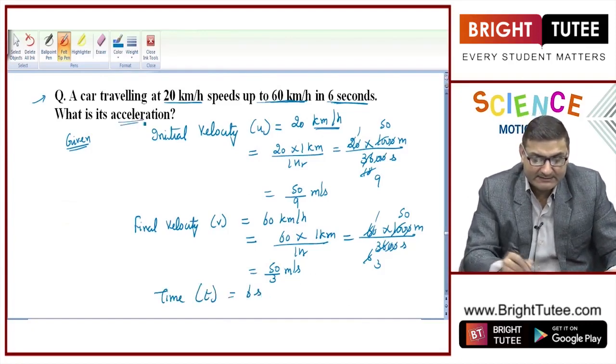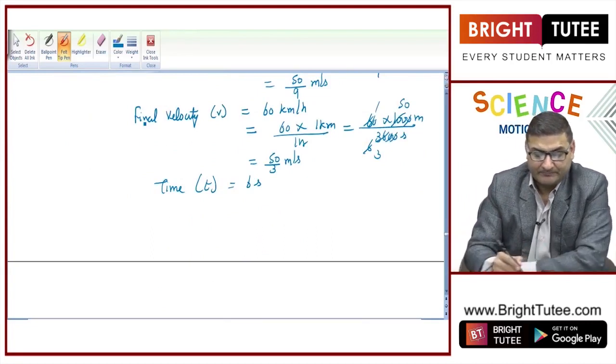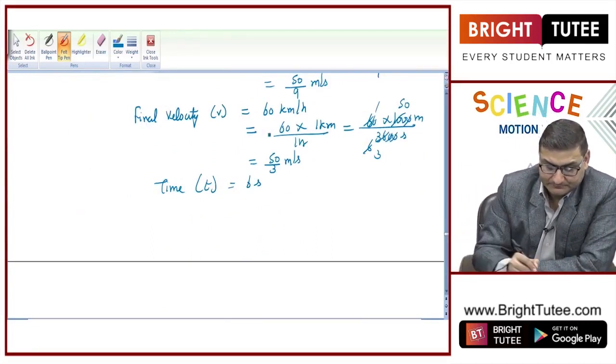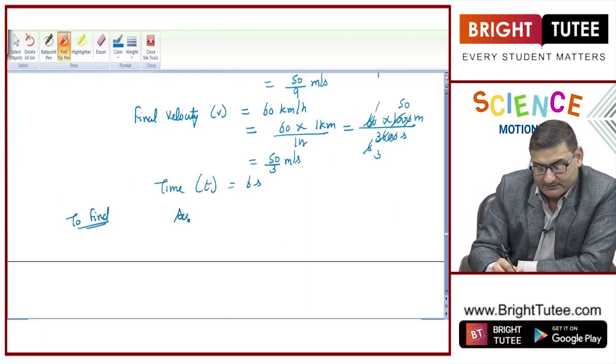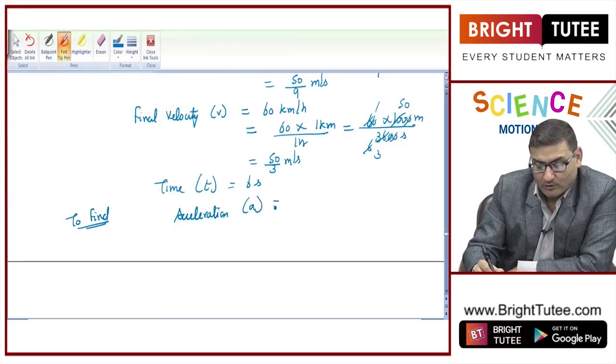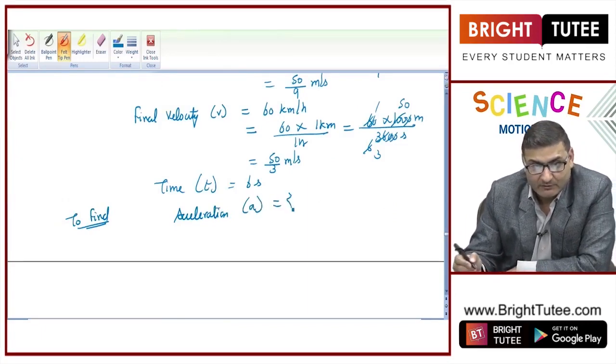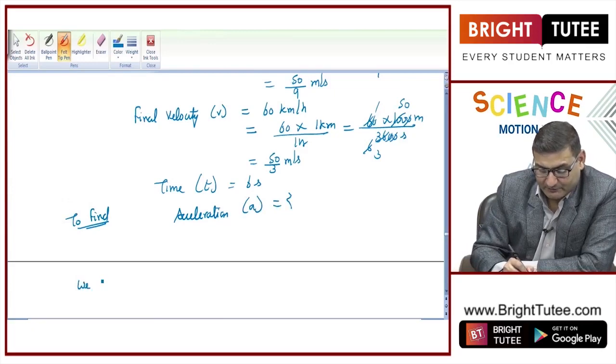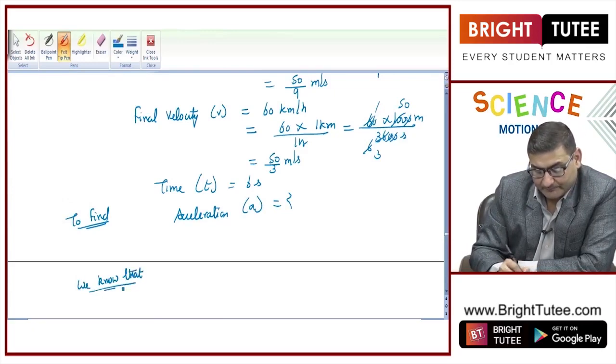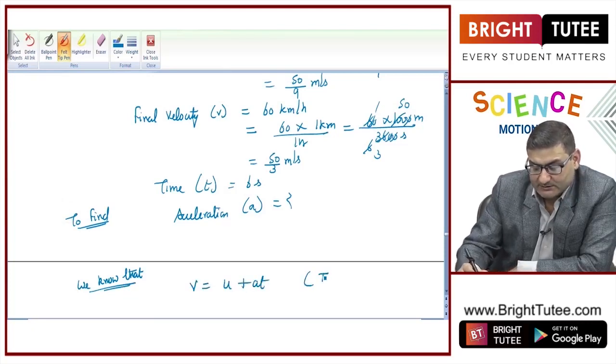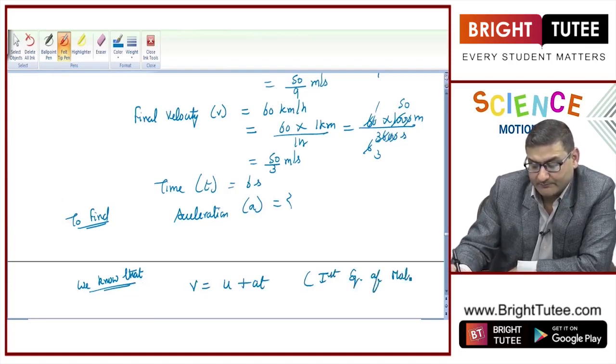What I need to calculate is the acceleration, or small a. Which formula will we apply? First equation of motion. We know that v is equal to u plus at, because this is our first equation of motion.